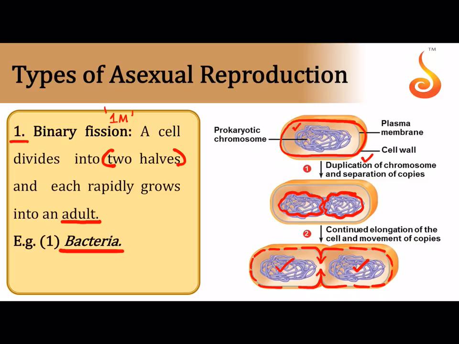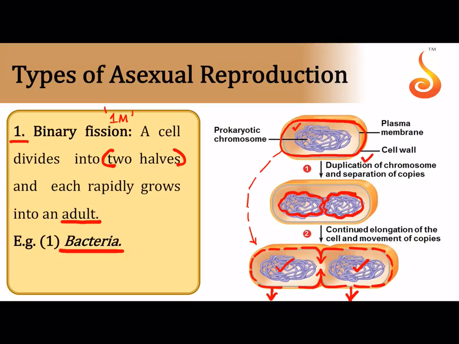So this process where a mother cell splits into two halves, and each of these halves grow rapidly into adult cells, which are themselves again capable of binary fission, which are themselves capable of asexual reproduction, is referred to as binary fission.